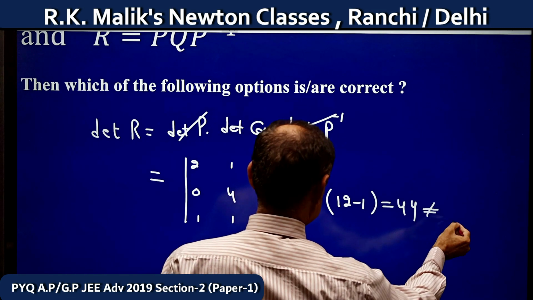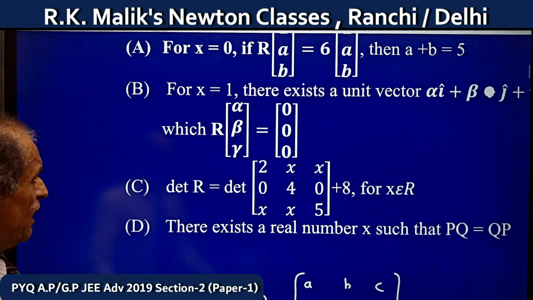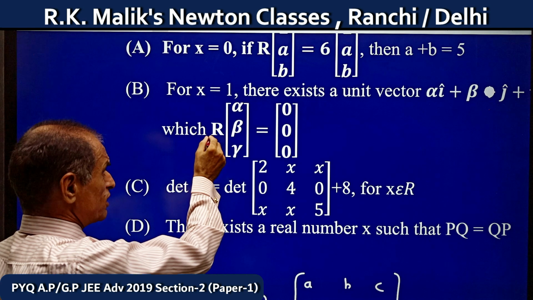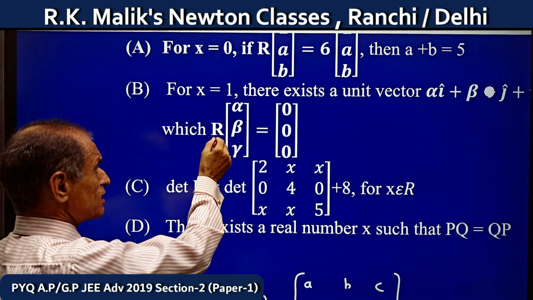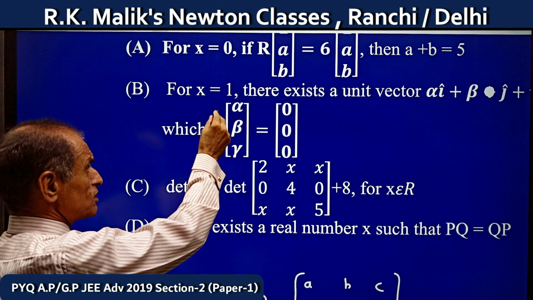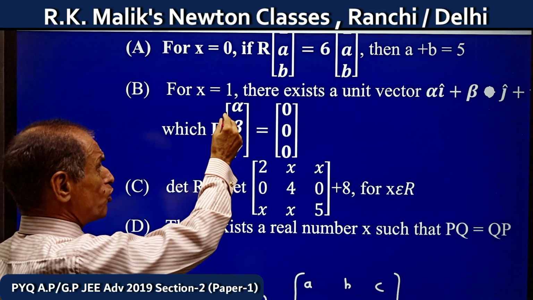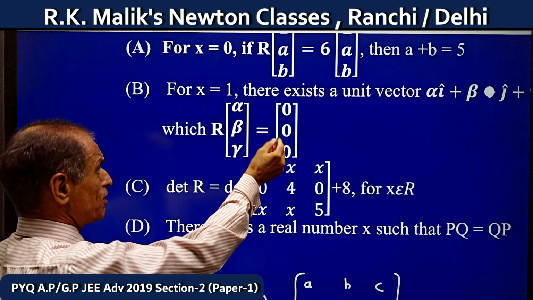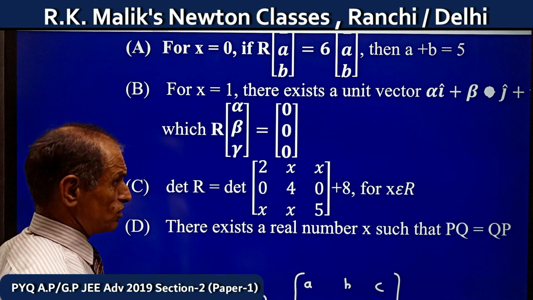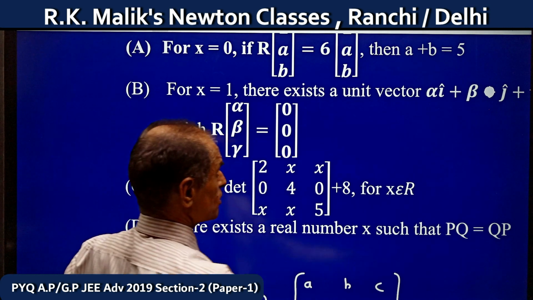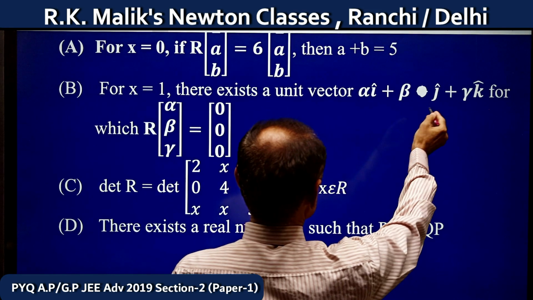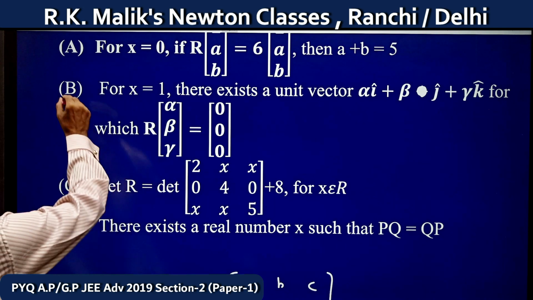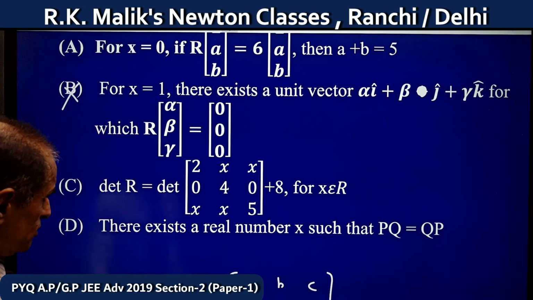This is non-zero, and because determinant of R is non-zero, using Cramer's rule I get the conclusion that the only possible value of alpha, beta, gamma satisfying this equation is alpha, beta, gamma, all the three as 0. Therefore, there exists a unit vector. This becomes wrong information. Therefore, B becomes wrong choice.